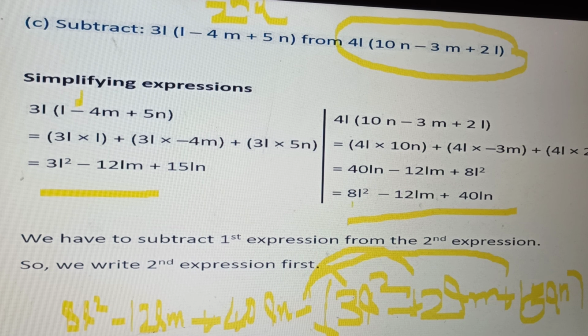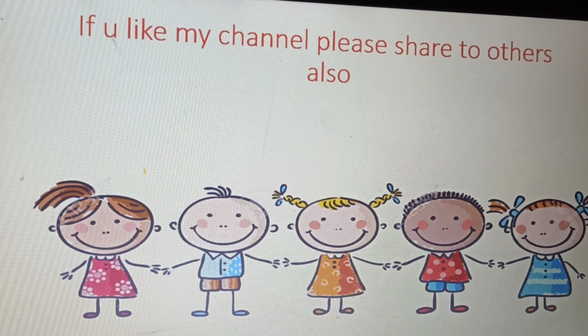So you got 8L square minus 3L square, you got 5L square. Minus 12LM plus 12LM, so these terms get cancelled. And 40LN minus 15LN, how much? 25LN. This is the way we have to subtract this expression.